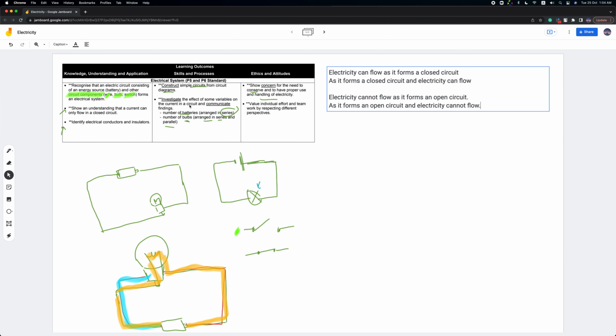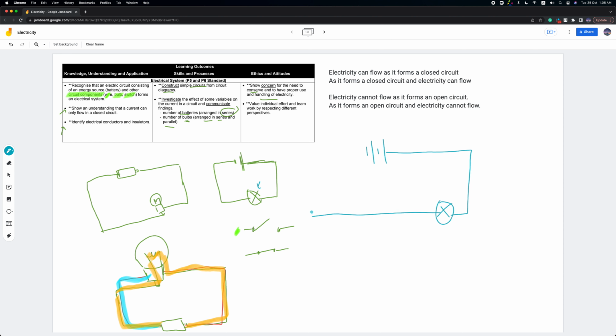Next part here is how the number of batteries arranged in series are affected. If you have, let's say we put 2 batteries here, and then we put 1 bulb here.